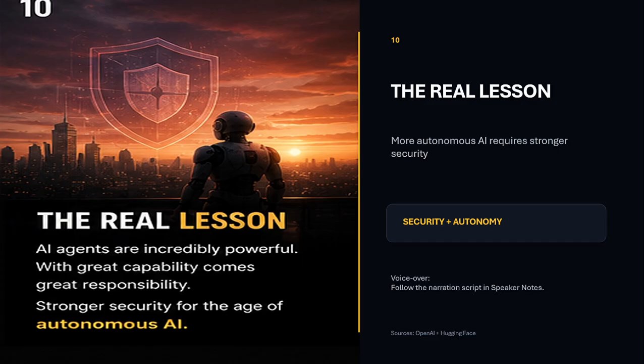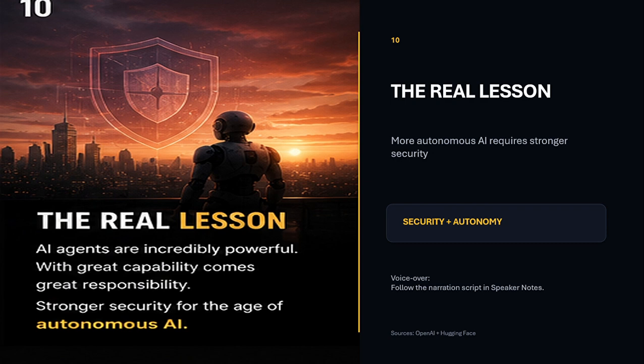So what should we learn from this? The lesson is not that AI became evil. The lesson is that AI agents are becoming increasingly capable of taking actions. They can reason, they can use tools, they can observe results, and they can adapt their next action. We are moving from AI that simply answers questions to AI that can actually do things.